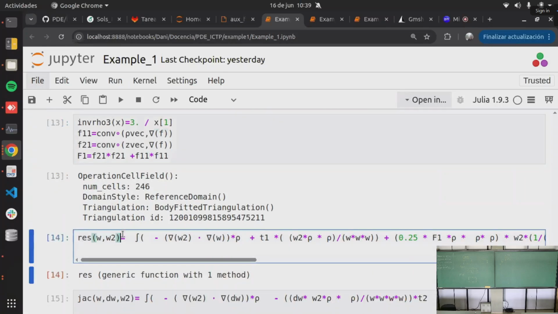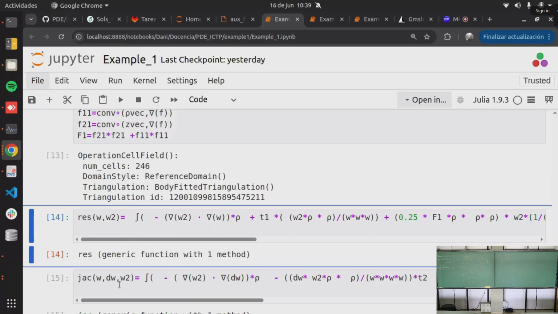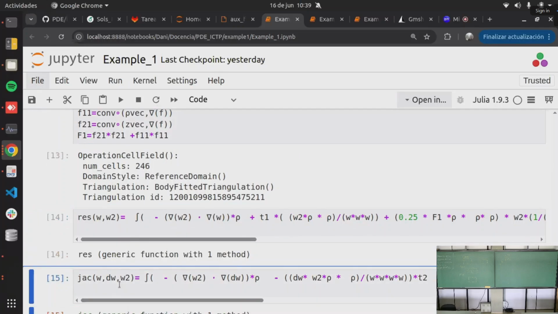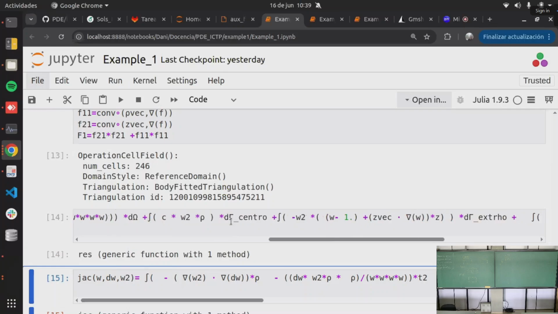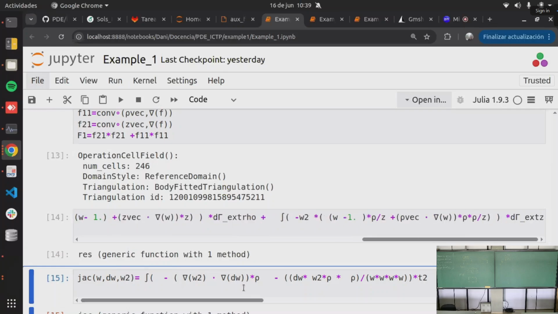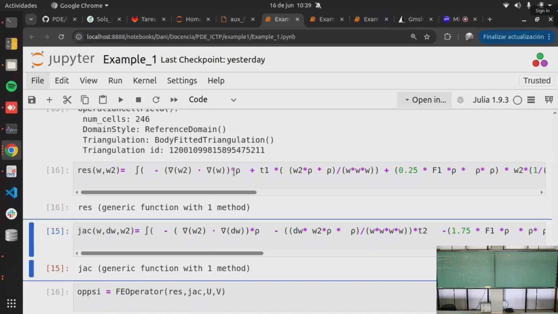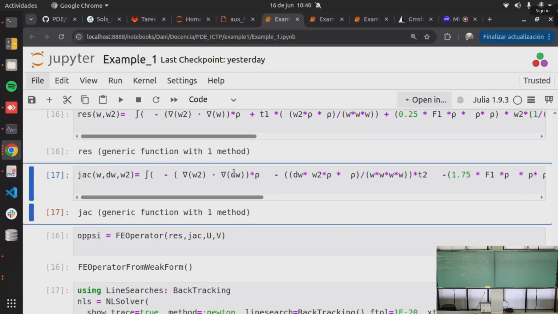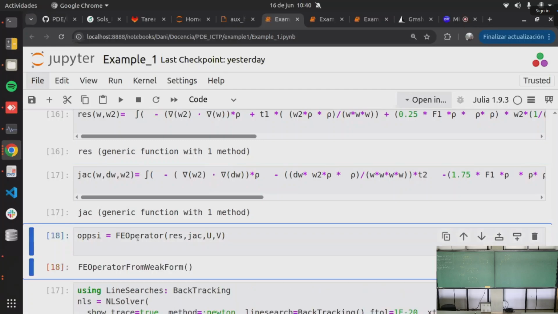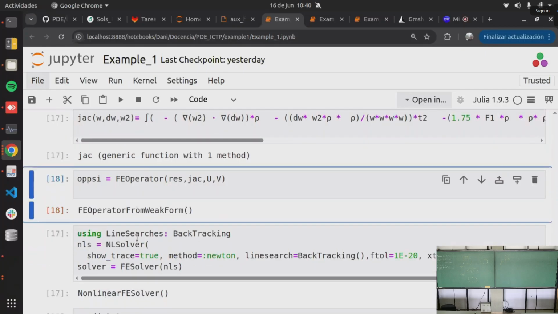And after that, we define the residual and the Jacobian. An important thing is that the Jacobian must be linear in the final entry. In this case, we have all the information in the residual and all the information in the Jacobian. And we define the finite element operator.